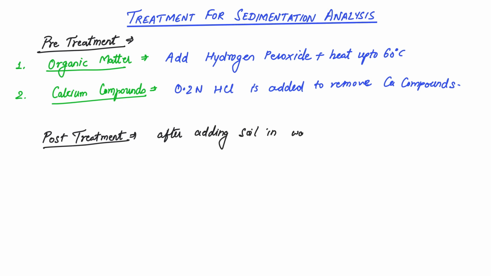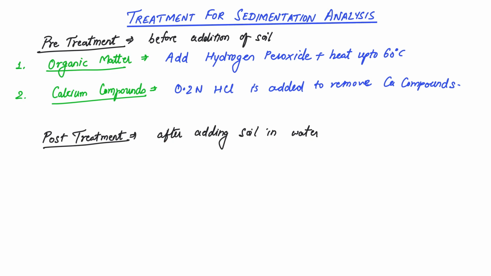Whereas the first one was said to be pre-treatment because it was provided before the addition of soil, given directly to the soil, whereas this is provided in the solution.